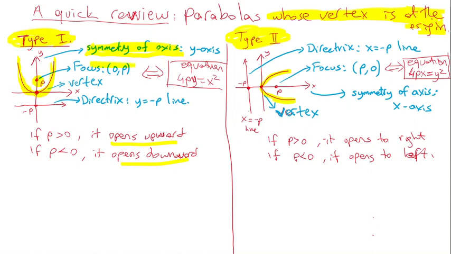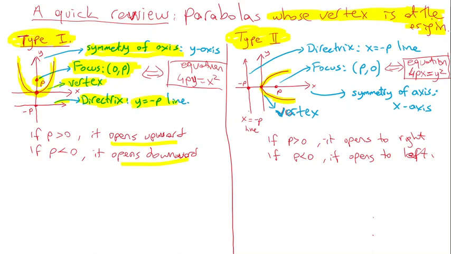And the vertex, we know, is at the origin. We already know that. And there is another line here, outside the parabola, which we call the directrix.